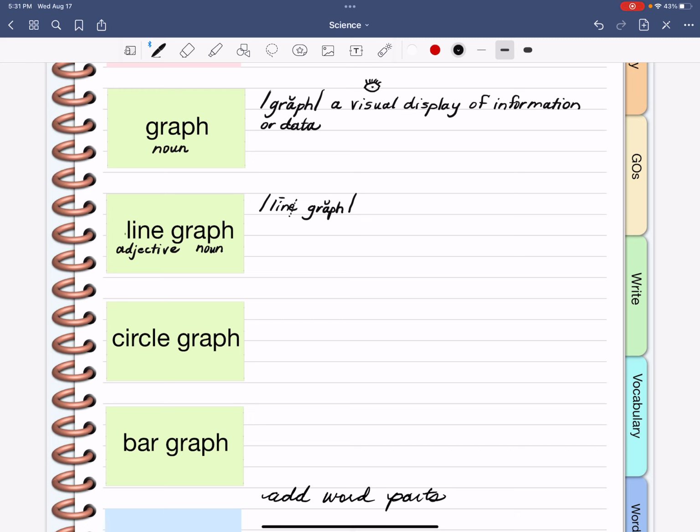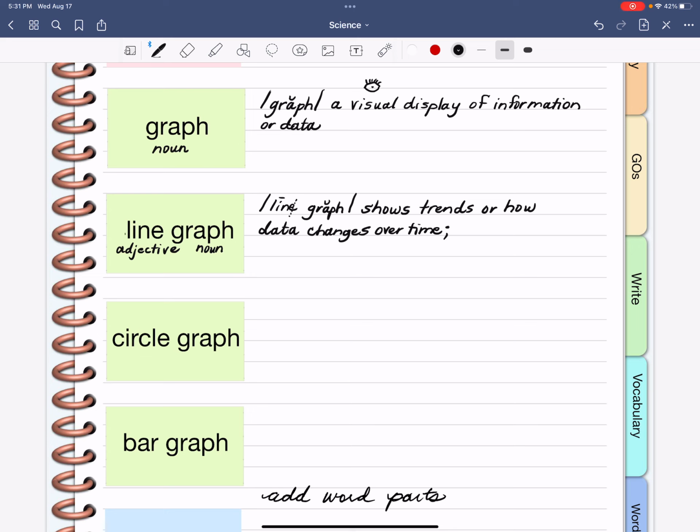A line graph shows trends or how data changes over time. And when you talk about line graphs, there are 3 terms that you need to know.